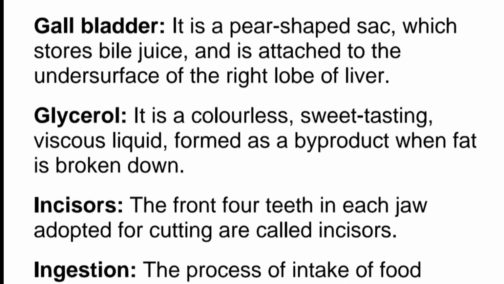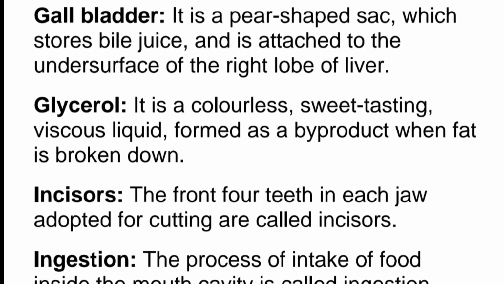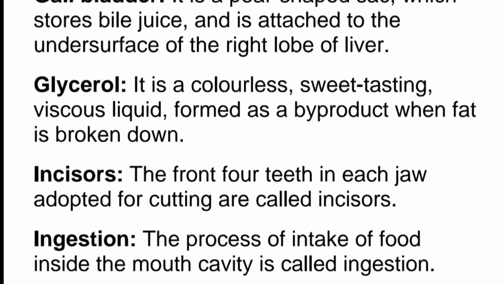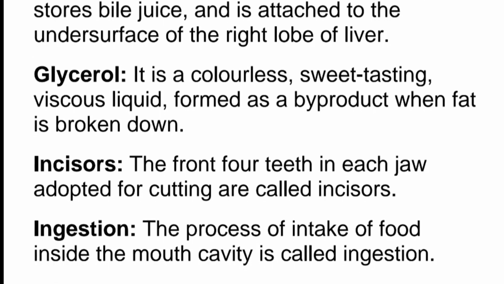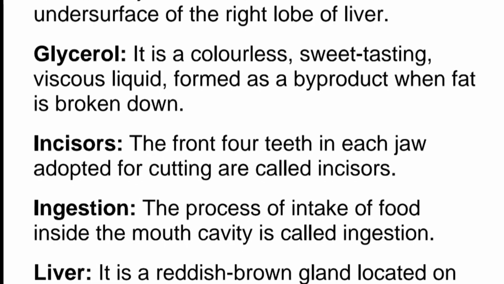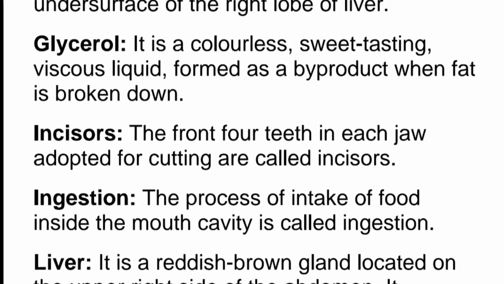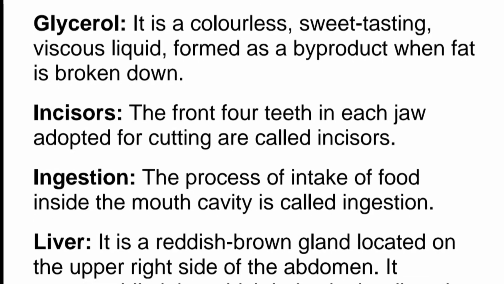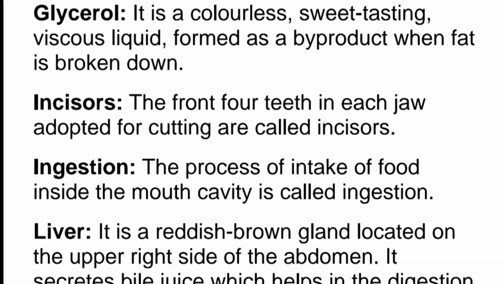Gallbladder. It is a pear-shaped sac which stores bile juice and is attached to the undersurface of the right lobe of the liver. Glycerol. It is a colorless, sweet-tasting, viscous liquid formed as a byproduct when fat is broken down.